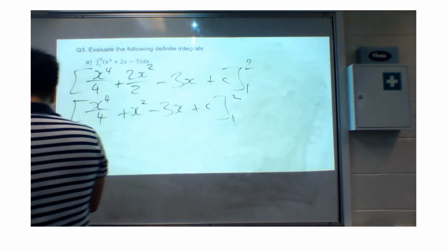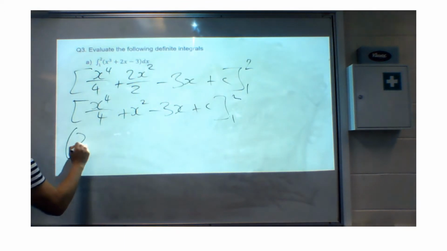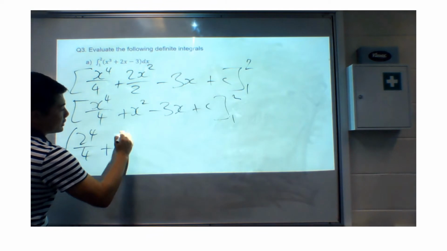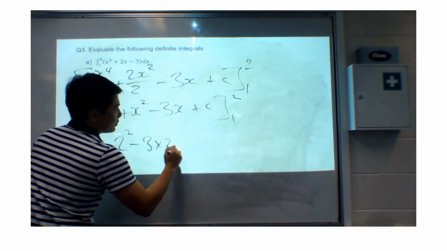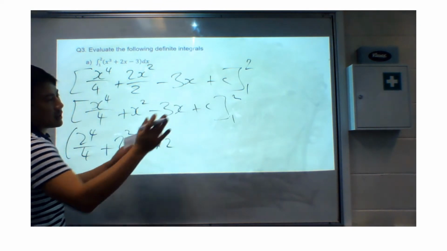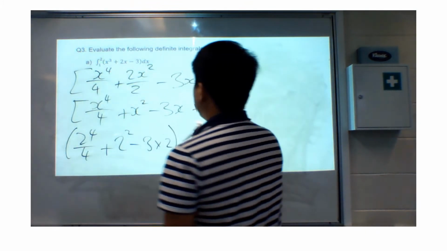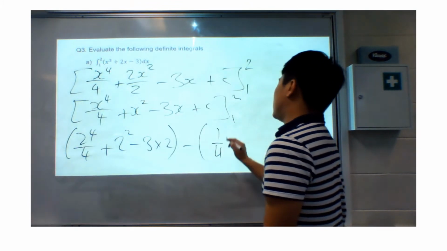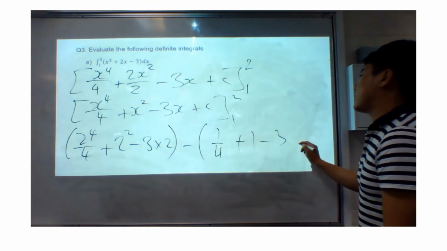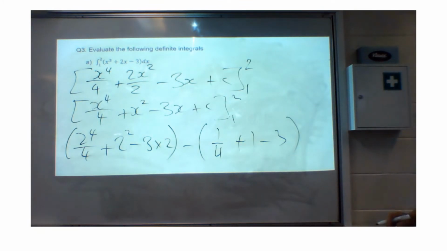So this becomes 2 to the power 4 over 4 plus 2 squared, plus 3 times 2 plus c, but then you're going to take away the c, so I'm just going to ignore the c. Take away, you sub in 1, so 1/4 plus 1 plus 3 plus c, and again I'm going to ignore the c.